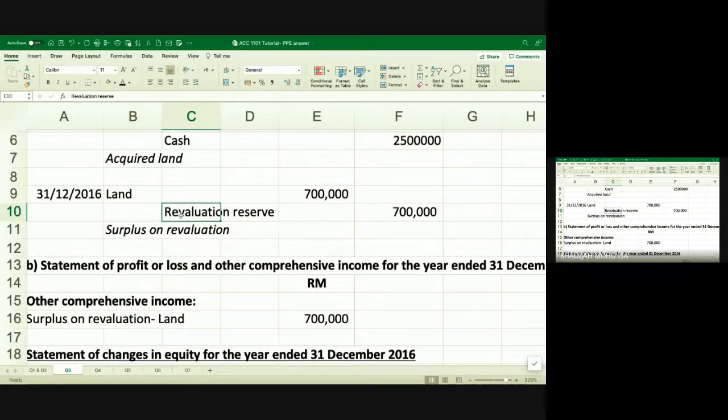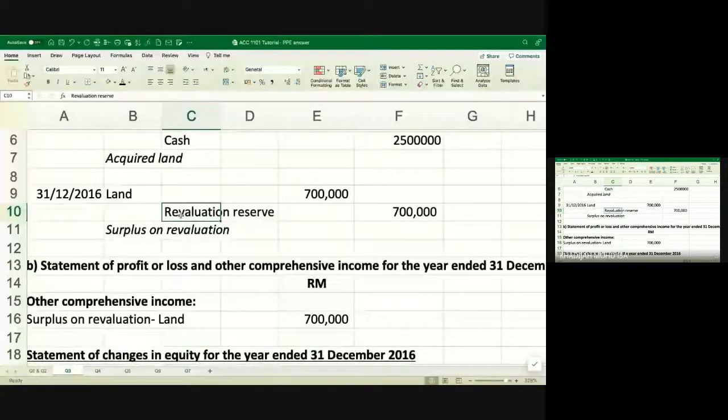So you're going to credit your land and debit your revaluation account. So if there is a deficit in revaluation, that would be the case. But in this question it is a surplus revaluation, so you're going to debit the land, increase the value of the land, and then credit your revaluation reserve. Is that clear?